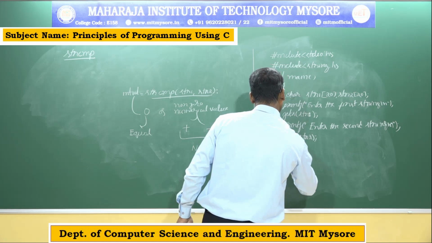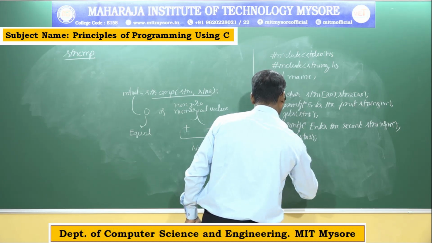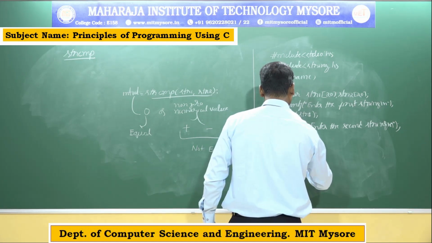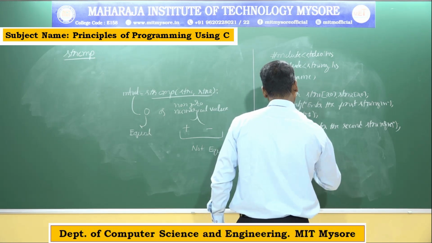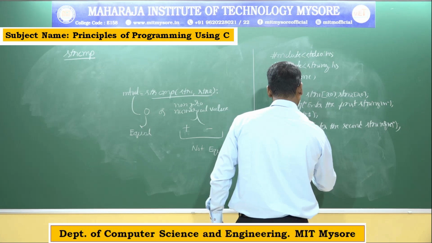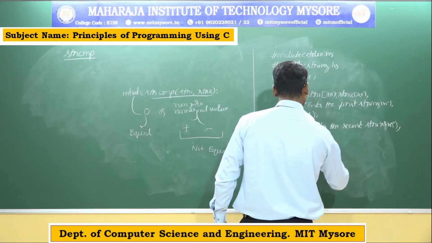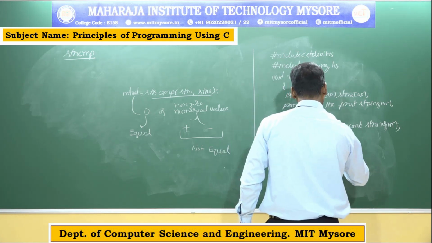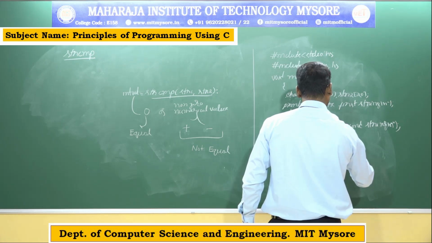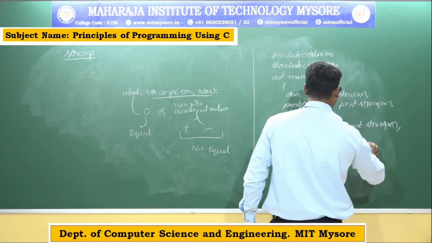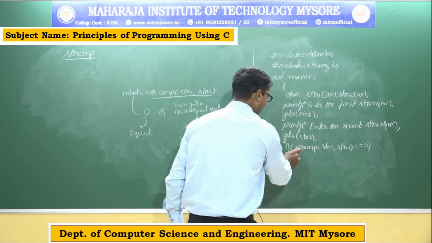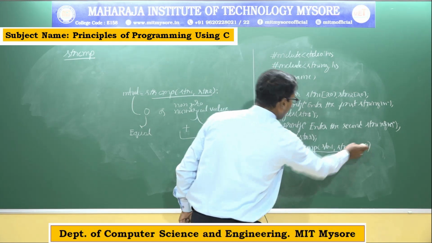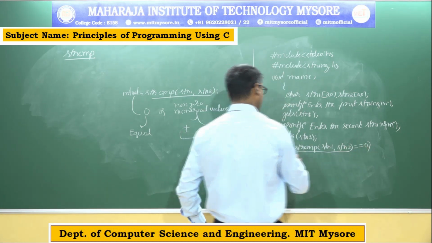I can write it directly within the if statement: if strcmp(str1, str2) is equal to 0. If it returns 0, then the strings are equal, otherwise the strings are not equal.